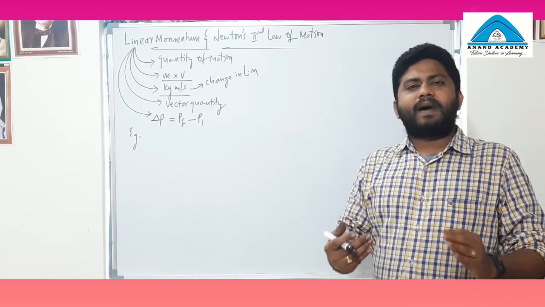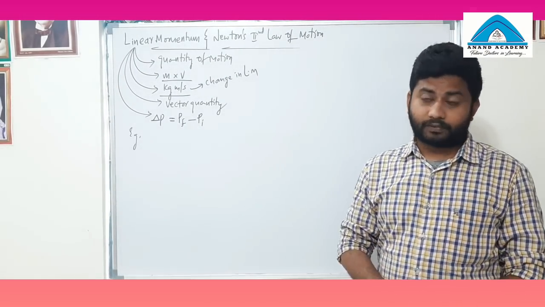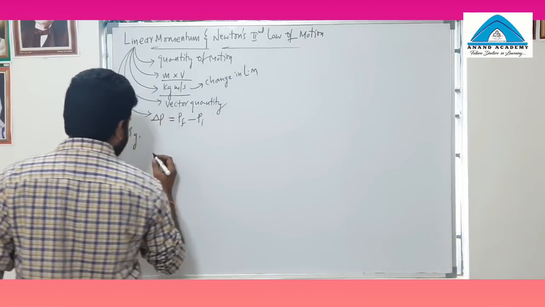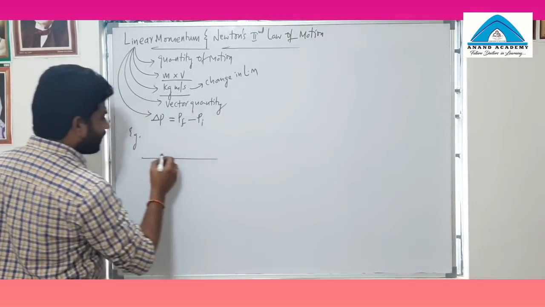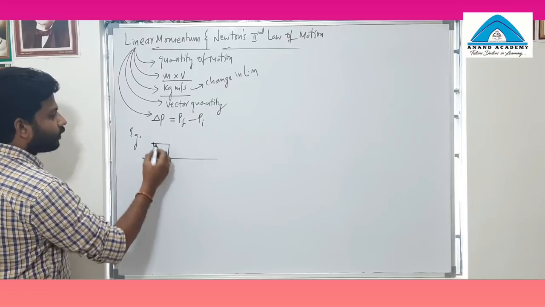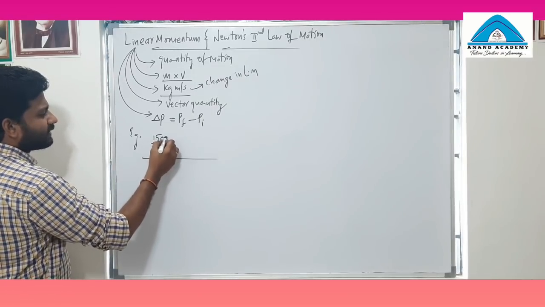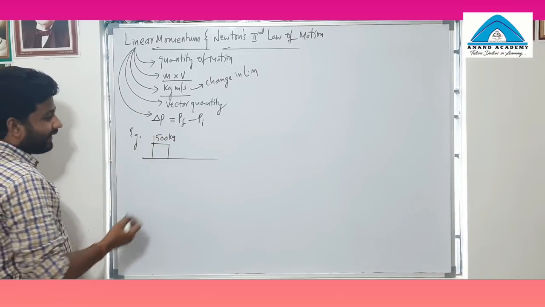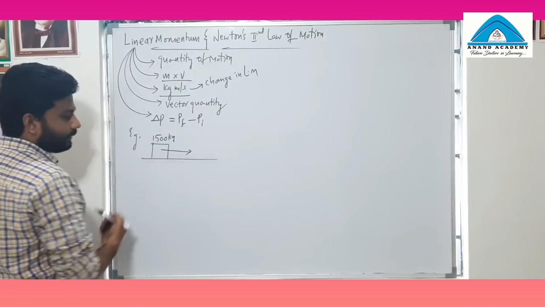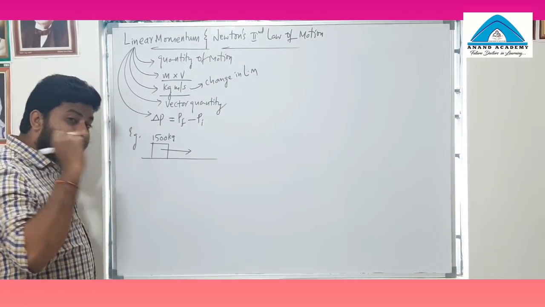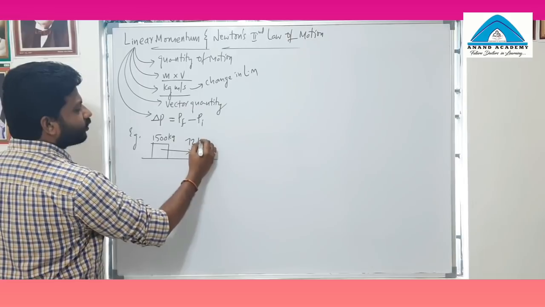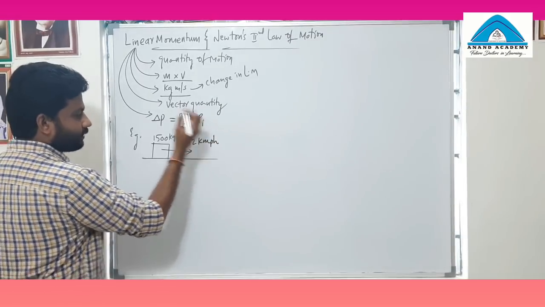Now, let's see the basic problems related to linear momentum. There is a body of mass 1500 kilogram, a huge mass, moving on a straight line with a constant velocity of 72 kilometers per hour.